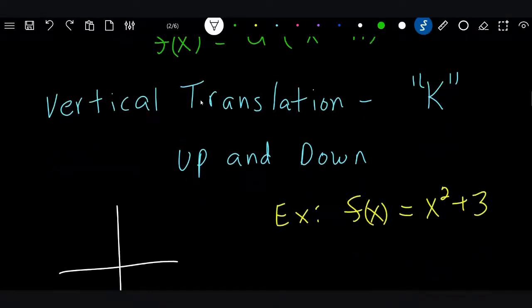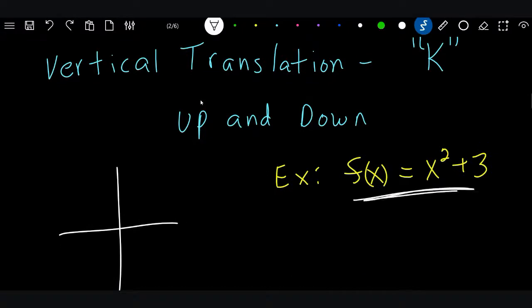Okay, what do I mean by all that? Let's look at this example of this parabola right here. The function of x equals x squared plus 3. Now you might be thinking, no, Mr. Steve, that's the h, because I remember the formula. The formula was x minus h squared.